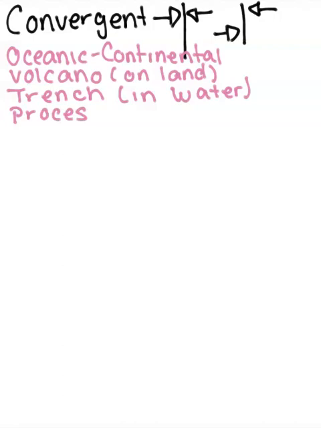So with subduction, what that means is we have something that is being forced under something else. And so the oceanic crust is getting forced under the continental crust because oceanic crust is much more dense, and so that's why it's getting forced under.